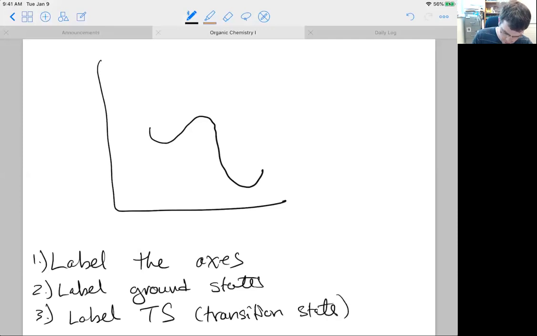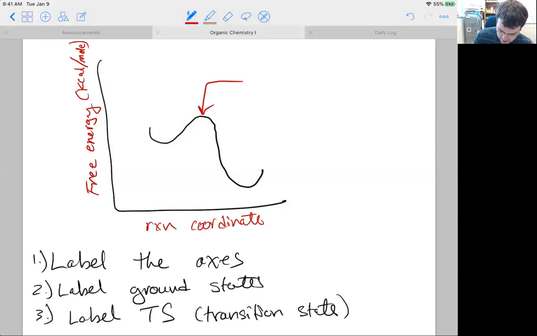What that looks like is the axes are free energy, and if you got in the habit of writing this as kcal per mole, that's generally how we label our axes. Other parts of the world will use kilojoules. We can convert between either one just fine. Down here is reaction coordinate. And the very top of the hill is the transition state.